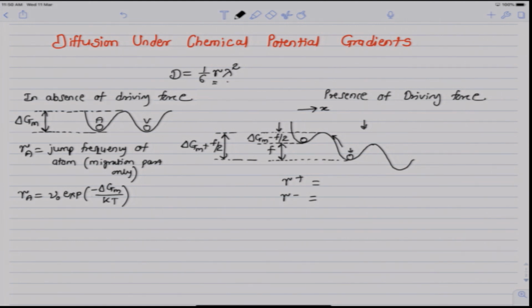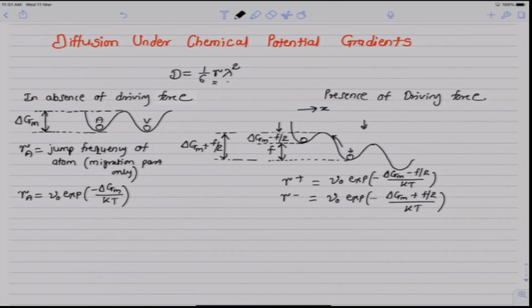So gamma plus would be given by nu 0 exponential minus (delta Gm minus f by 2) by kT, and gamma minus would be nu 0 exponential minus (delta Gm plus f by 2) over kT.